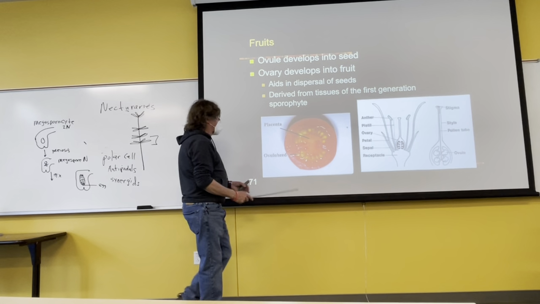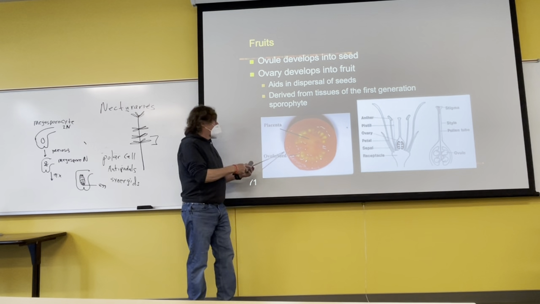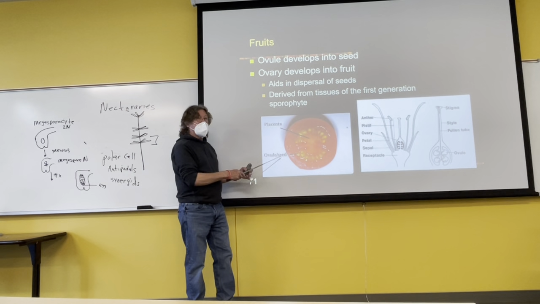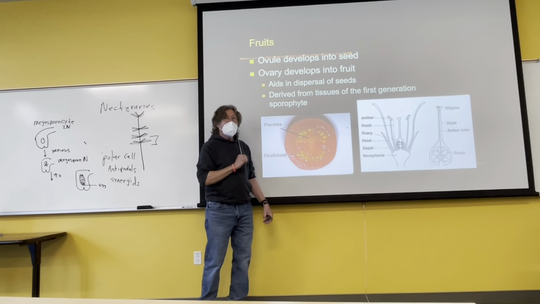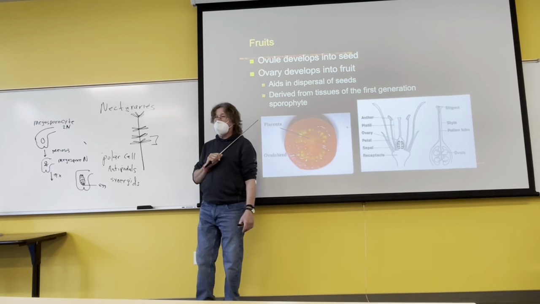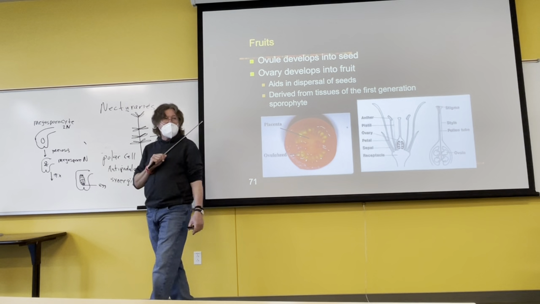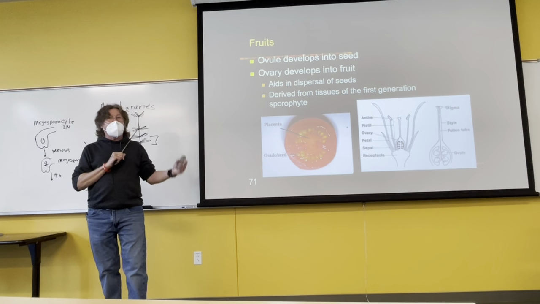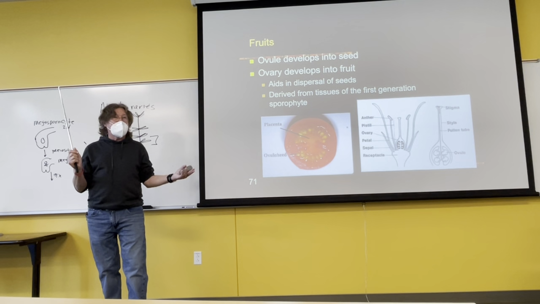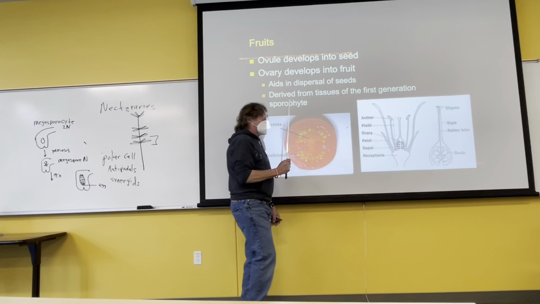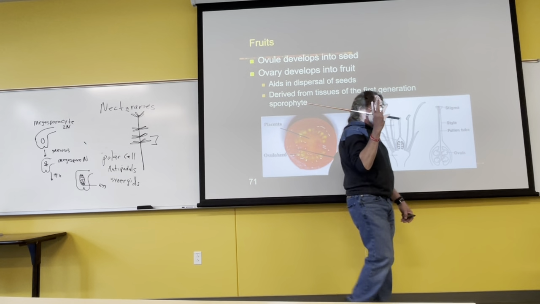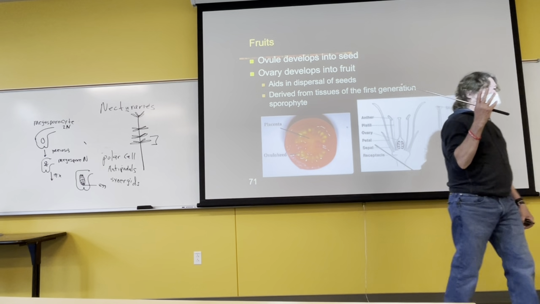So in this fruit, we would have diploid tissue from the original sporophyte. Inside of the seed, we'd have diploid tissue that is the baby sporophyte. And we can forget about the gametophyte, it's just not there at all. And even there in the seed, we also have the endosperm, which is triploid.